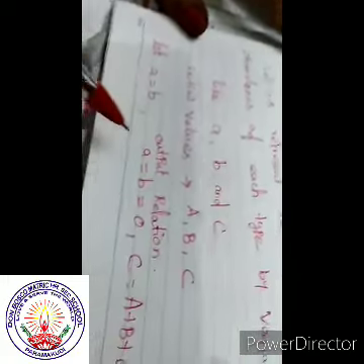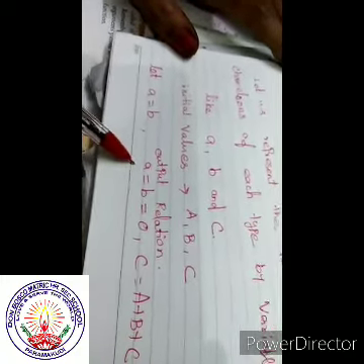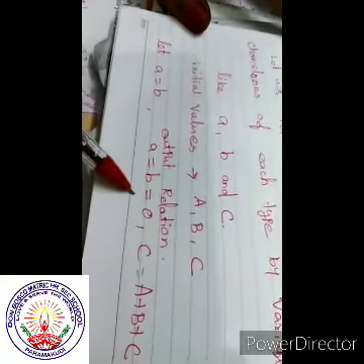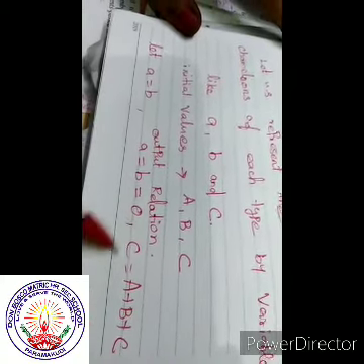So output relation: A and B equal 0, same value, and C equals A plus B plus C. So this is the output concept. So input values: small a equals capital A, b equals capital B, c equals capital C. The A and B are the same value. So output: A and B equal 0, C equals A plus B plus C.